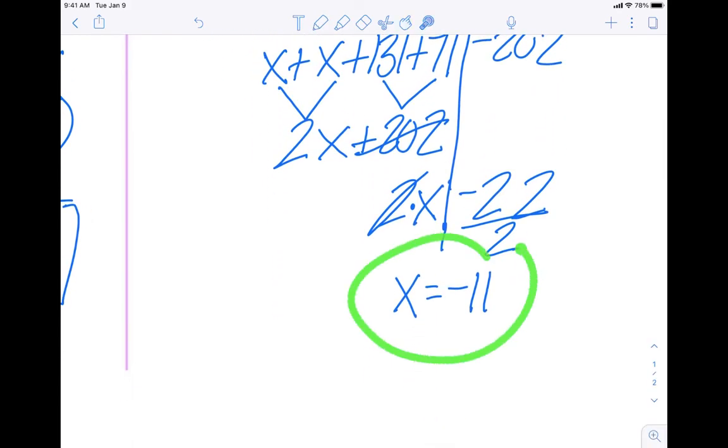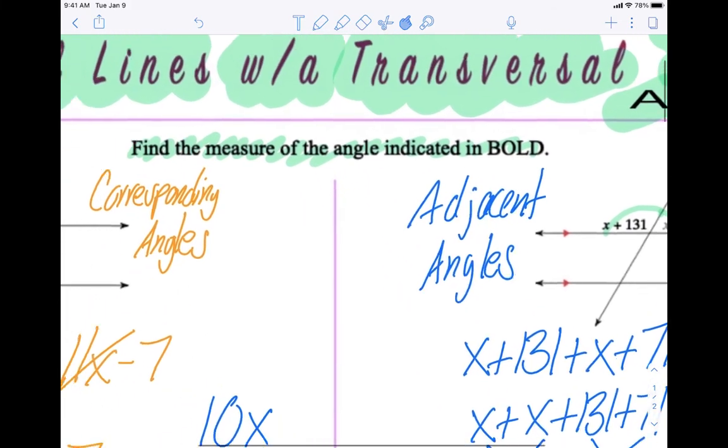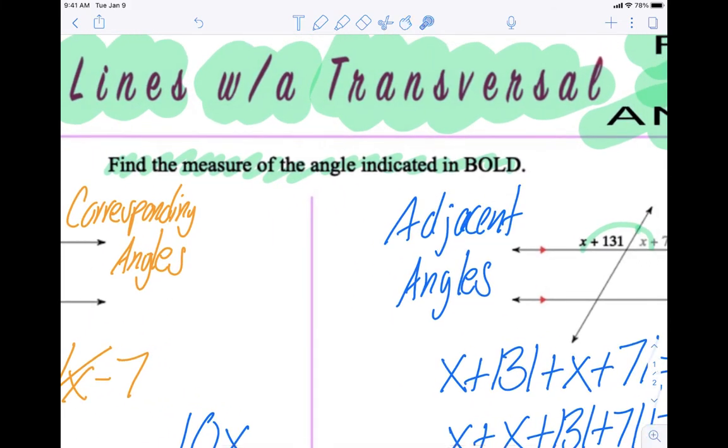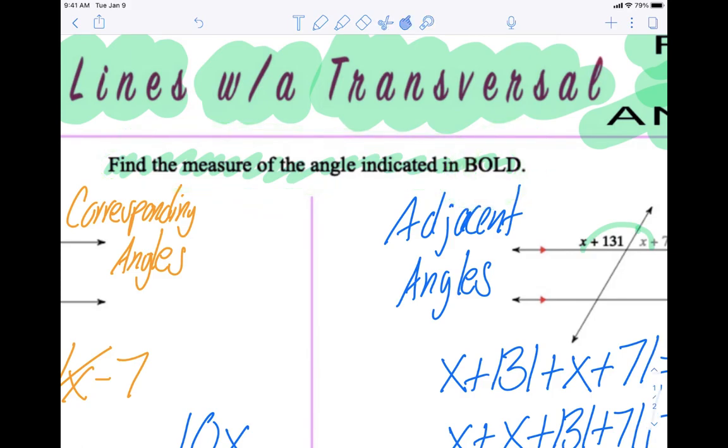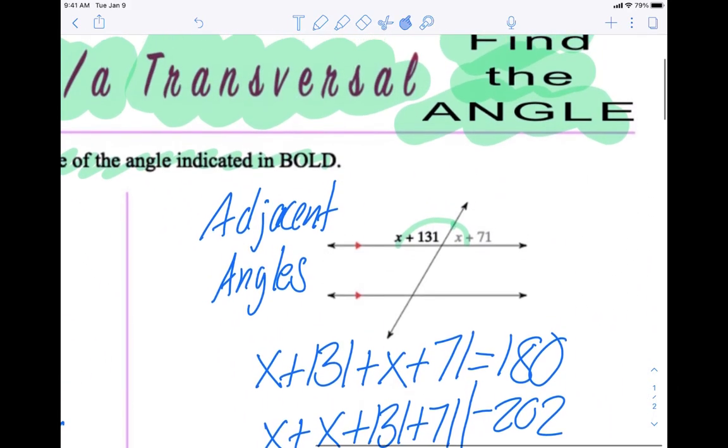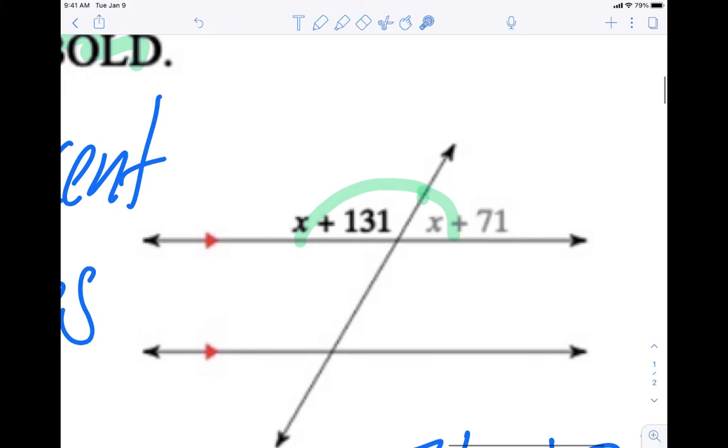This is not my solution because remember, we must find the angle indicated in bold right here, right? The angle indicated in bold. So let's look back here and see which one of these two is in bold. What's this one?